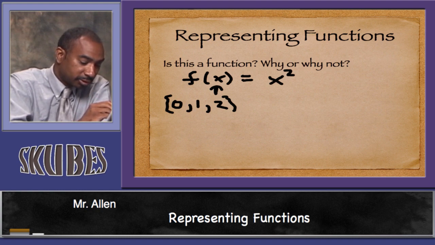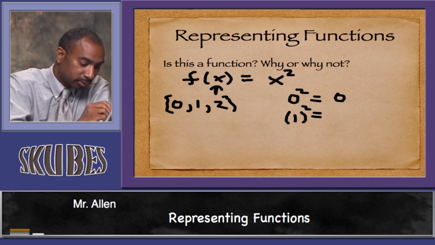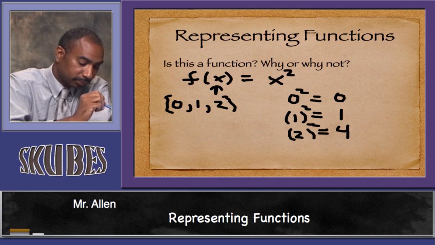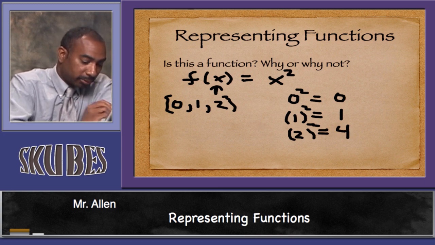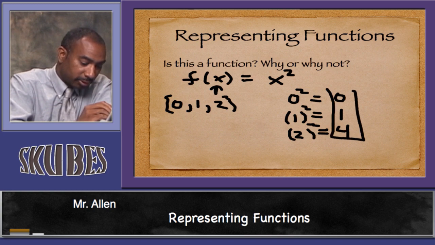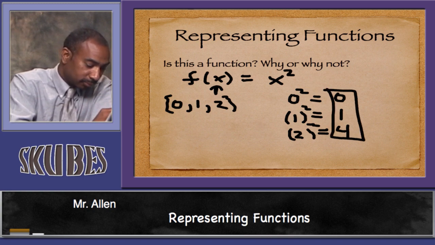If I square 0, I get 0. If I square 1, I get 1. If I square 2, I get 4. So our range is 0, 1, 4.